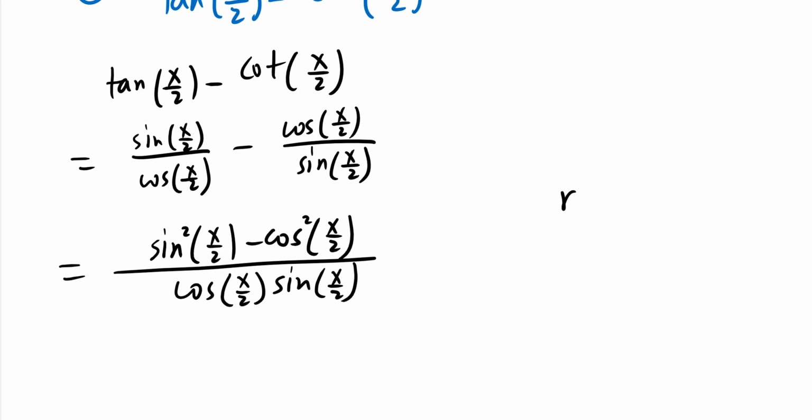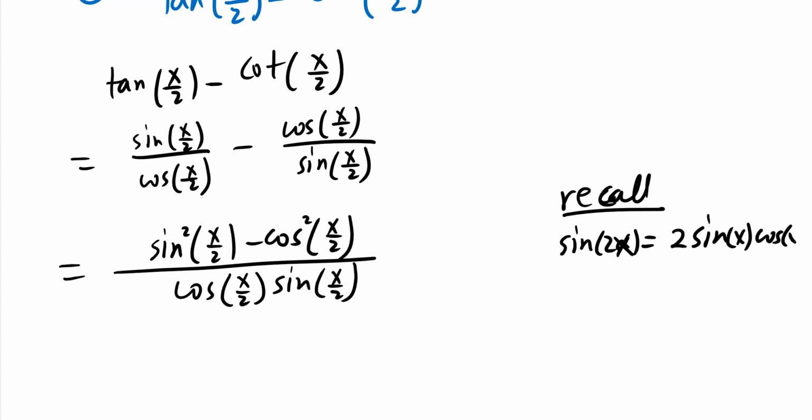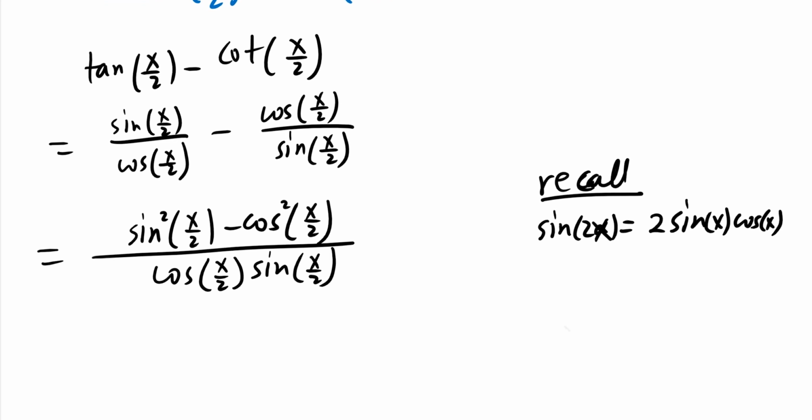Let's recall these formulas from the previous section. We learned in the previous section that sine of the double angle 2x is 2 sine x cosine x. We are allowed, as I said earlier, to divide the angles by any number we like.